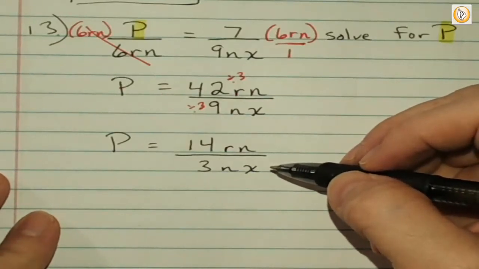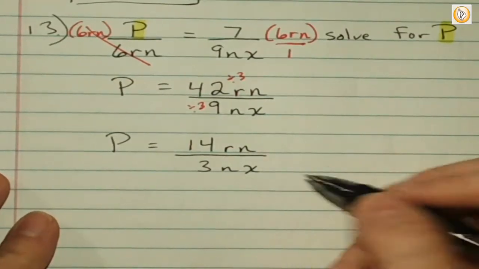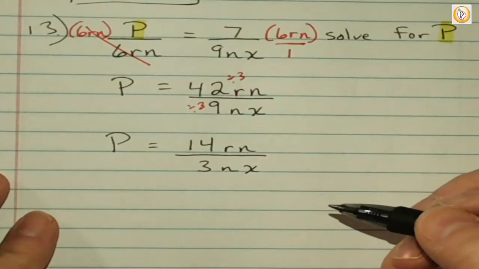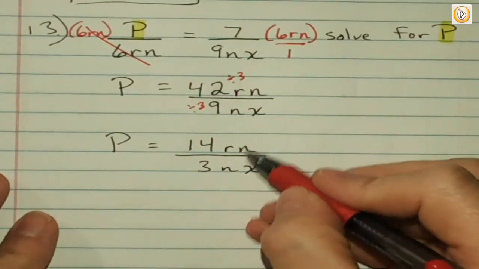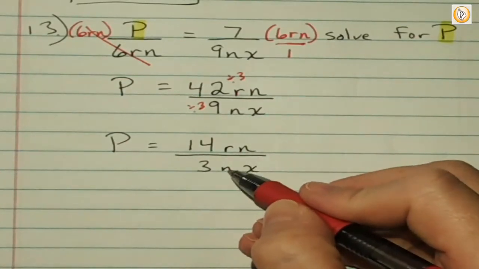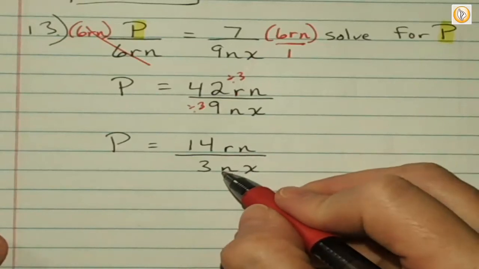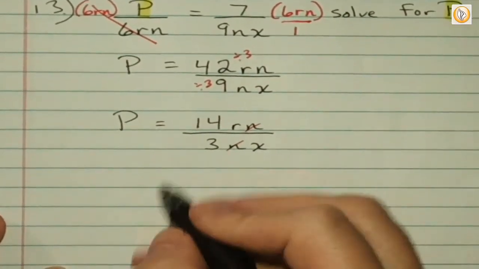However, is there anything else that can be simplified in the letters? N divided by N, that's what Taylor was talking about earlier. N divided by N is 1, correct? So technically, those can be canceled out.